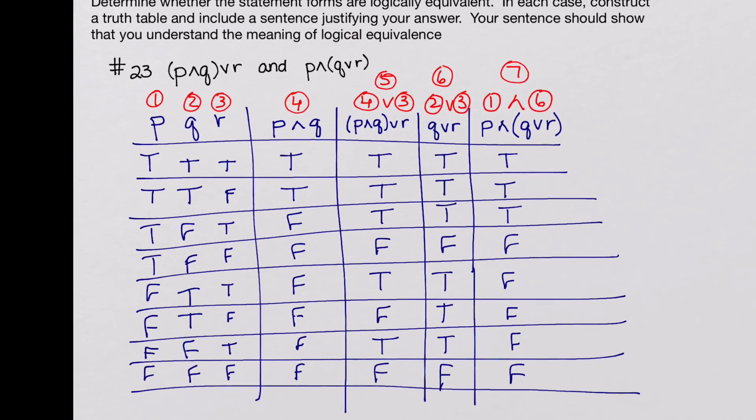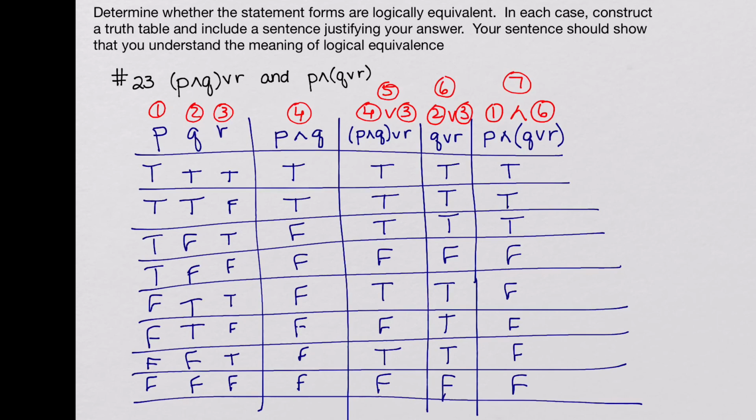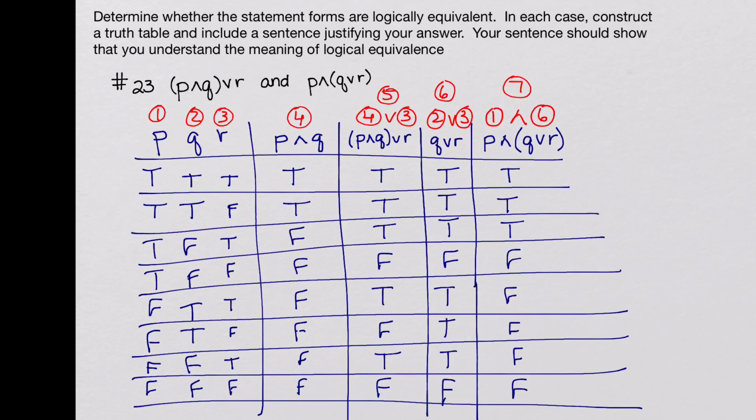So now I need to compare columns 5 and 7 together. Those are the two expressions that we're looking at. And do they always have the same truth value? So for row 1 they do, 2, 3, and 4, so looking good so far.